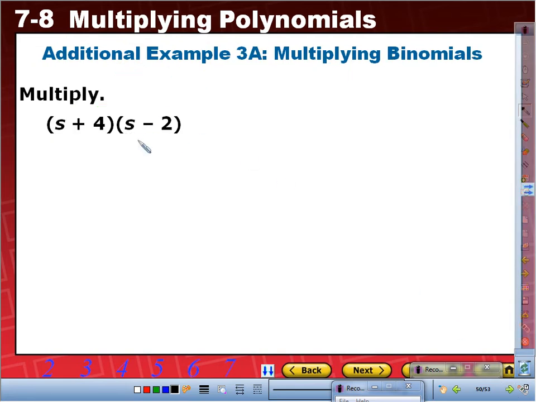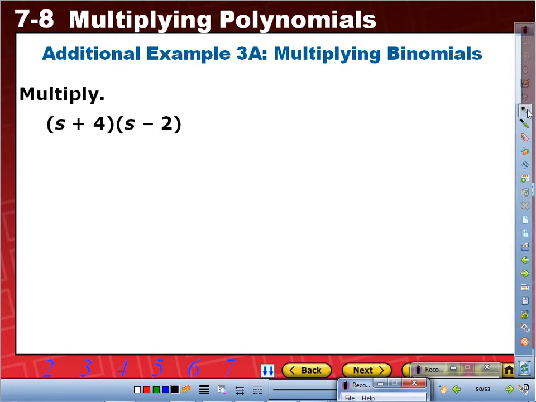Do you see two terms here? Yes, the s and then the minus 2. However, this factor has how many terms? 2. Do you guys see that? So now, what's the difference from the other one to this one? Whatever we do with this term, when we multiply, we need to do the same with the second term.